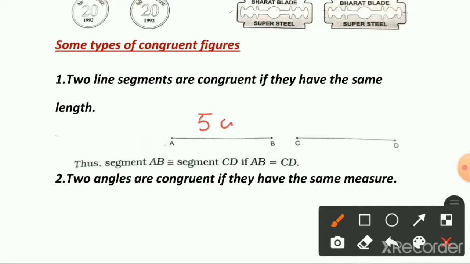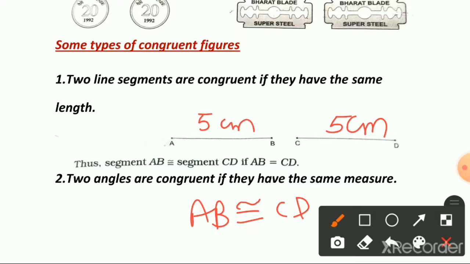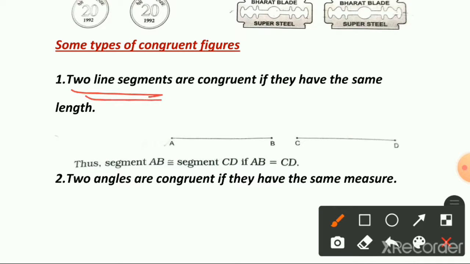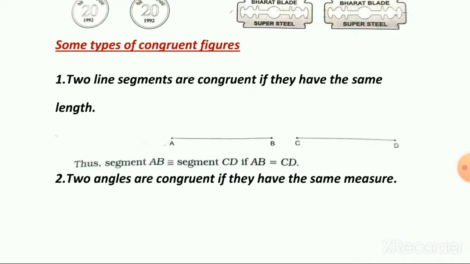Suppose it is 5 centimeter and the other is also 5 centimeter, then they are congruent. So we can write that line segment AB is congruent to CD. So two line segments are congruent when they have the same length.